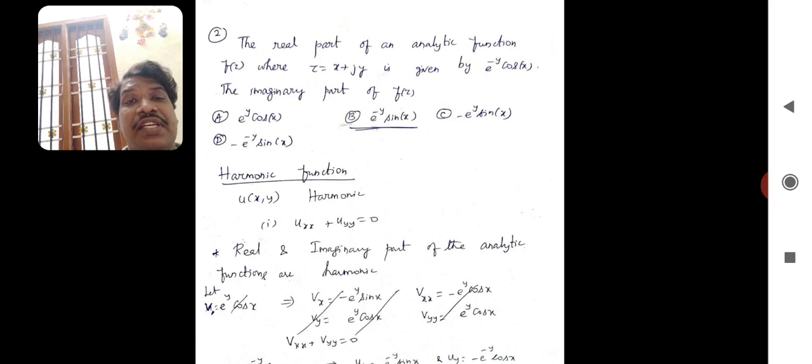A function u of x comma y is said to be harmonic if it satisfies the condition u_xx plus u_yy equals 0. There is a relation connecting harmonic functions and analytic functions. For every analytic function, the real and imaginary parts must be harmonic.